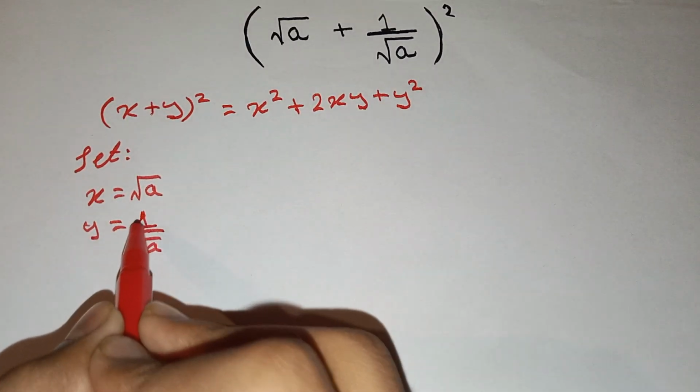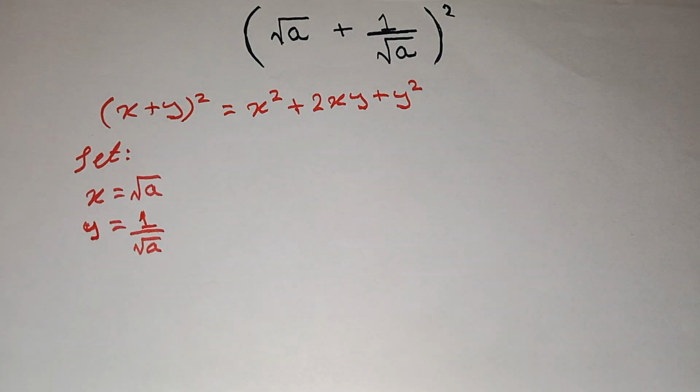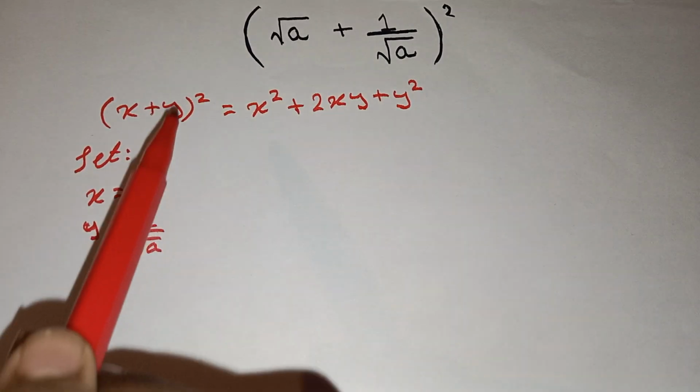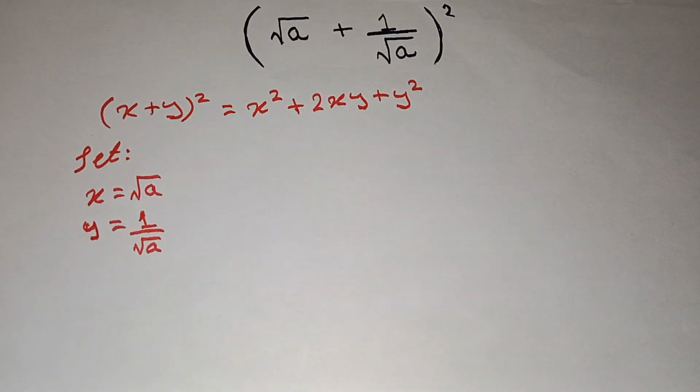Now pay attention to my words: x square plus 2xy plus y square, this is the expanding formula. Now we will apply the values in this formula. Firstly we have to identify the value of x and the value of y.